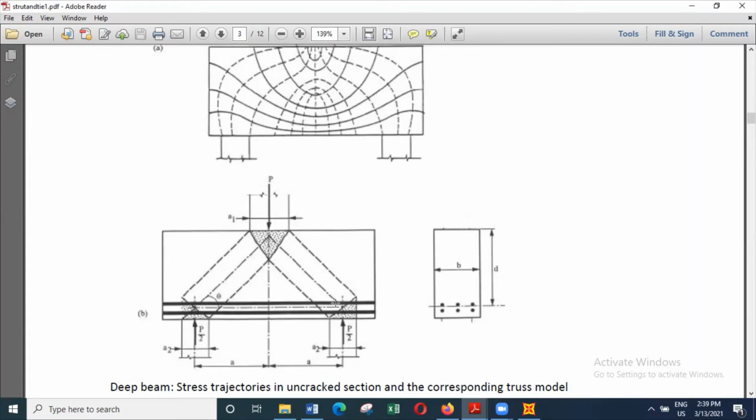The remaining half will be transferred on this side, that is the right hand side. And then if you apply a force P, the reaction will be P by 2 in each pile. So you can actually design a wall supported by piles, considering that the wall will behave like a deep beam.